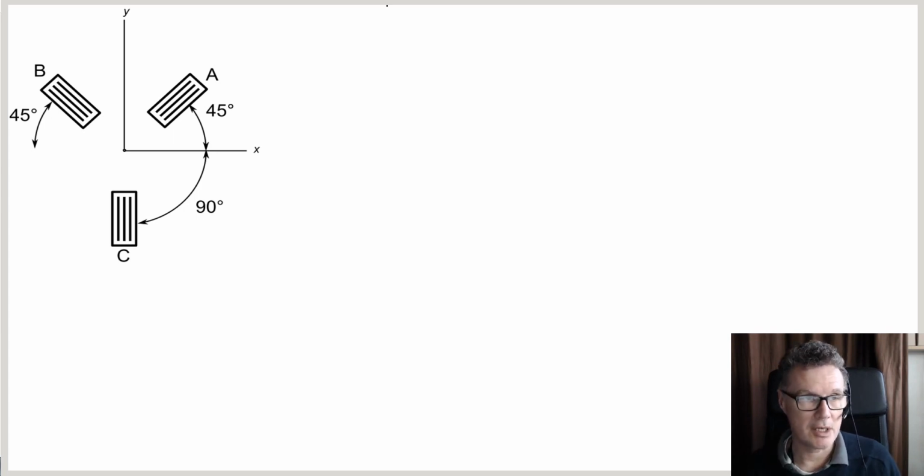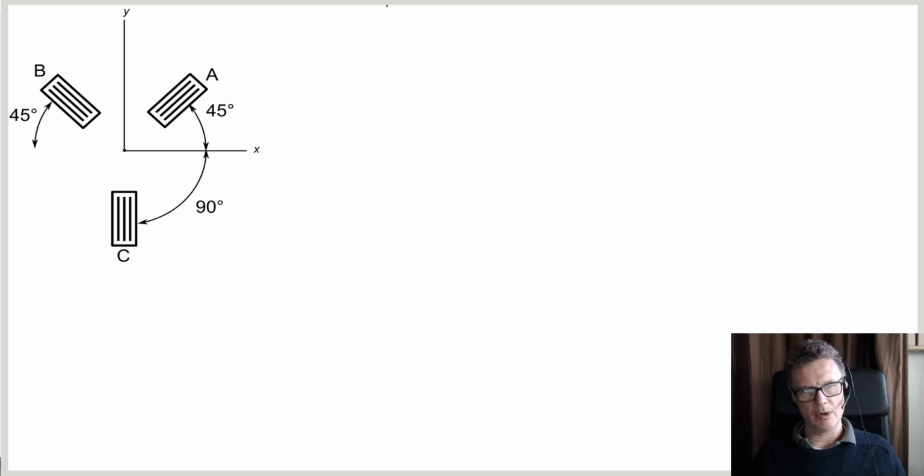This would be a classic arrangement where the angles between them are roughly equal. So you've got 90 between A and B, and then 135 degrees between A and C and B and C. That's a nice thing to do because they're nicely distributed.